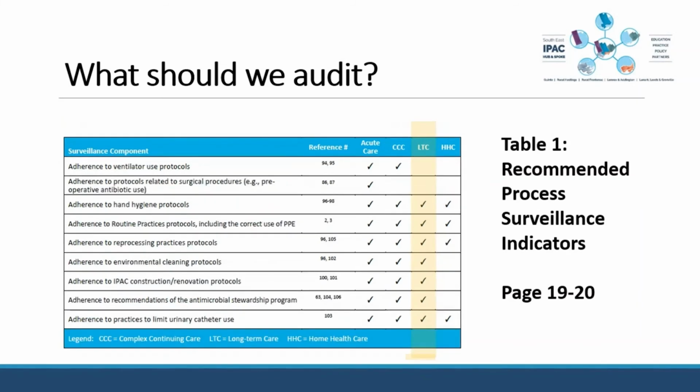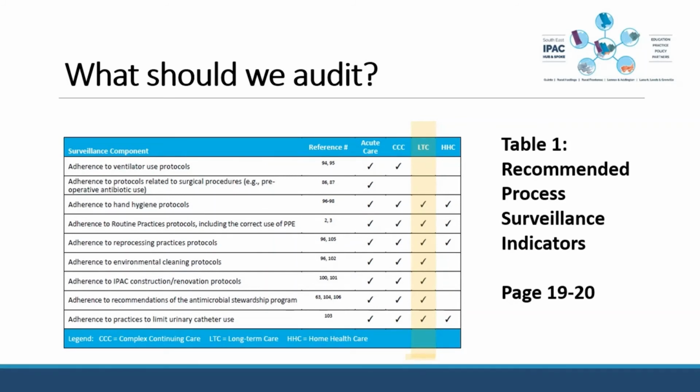And then continued on the next slide, just some of the other examples, related to adherence to hand hygiene protocols and adherence to environmental cleaning through auditing. Through auditing, problems or deficiencies can be identified, eliminated, and prevented before it reaches or affects the resident, resulting or involving an outcome.